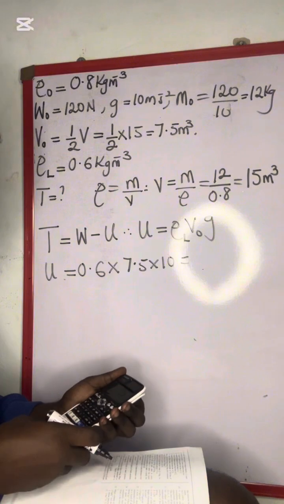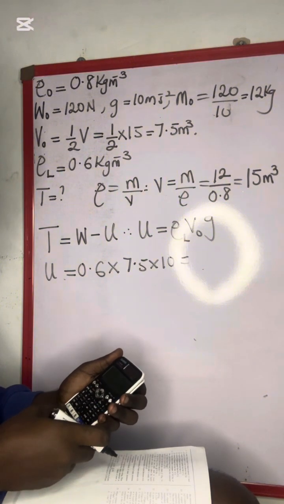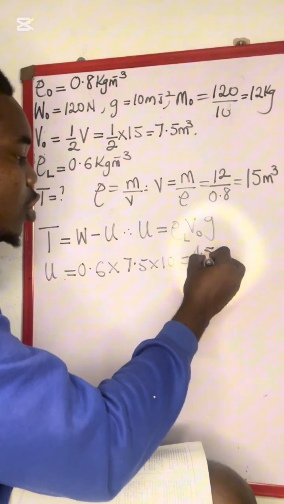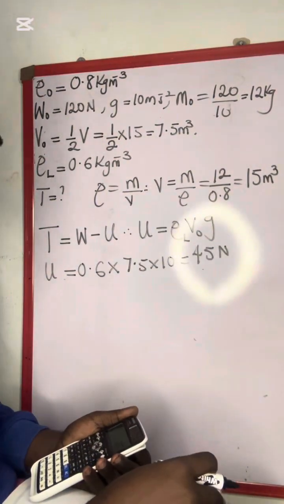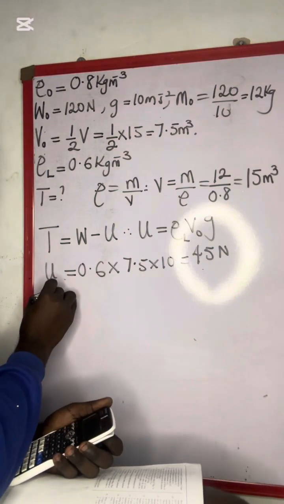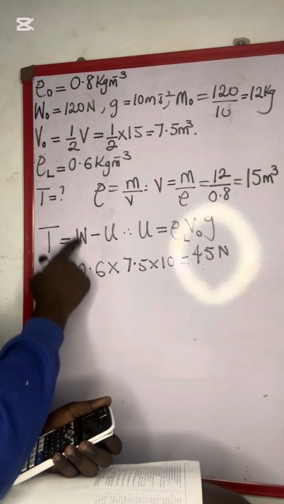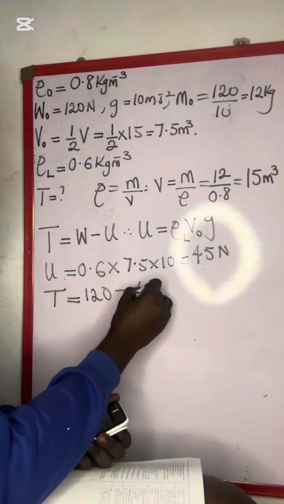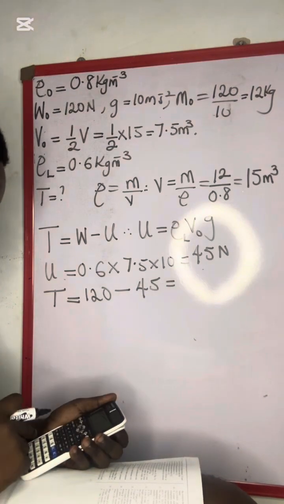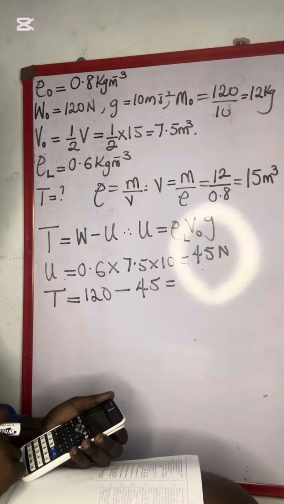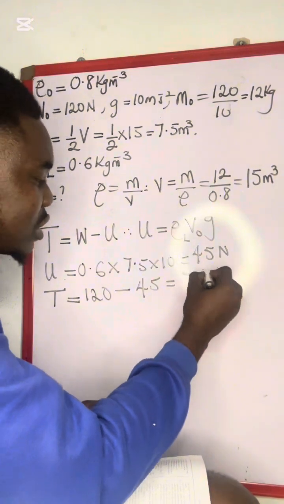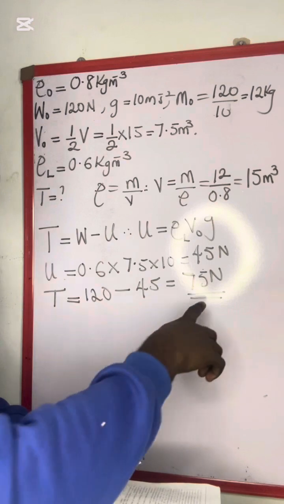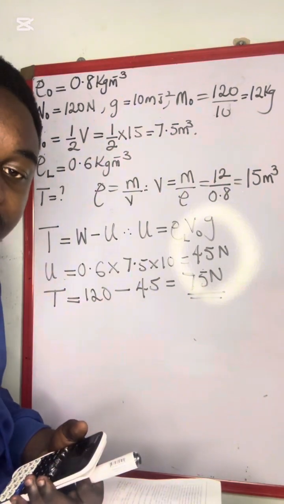Therefore, if you multiply these values together, we have 45 Newton. The upthrust is 45 Newton. Now, the tension becomes the weight, 120 Newton minus 45 Newton. 120 Newton minus 45 gives us 75 Newton. So the tension in the string is 75 Newton.